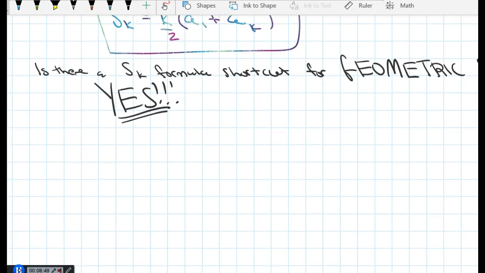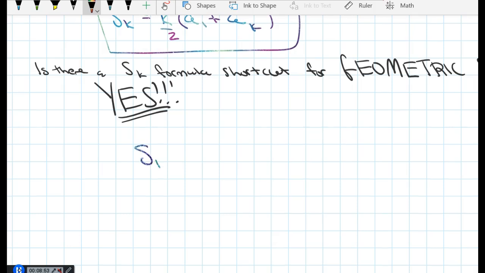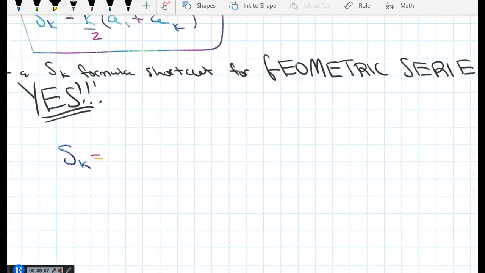If your series is geometric, your kth partial sum for a geometric series is going to equal, oh my goodness, I have to do the derivation. Let's do the derivation, because I don't remember it right now off the top of my head.